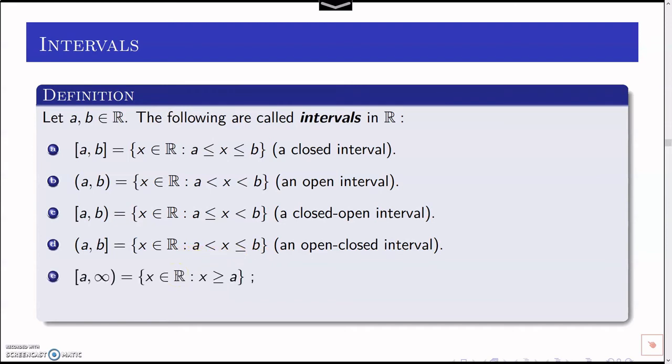Now look at this. This is called a closed ray. Why is it called so? Because here I am looking at all the real numbers which are bigger than or equal to a, and they keep on going. So I'm looking at all the real numbers x such that x is bigger than or equal to a.